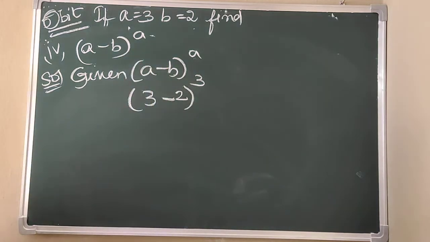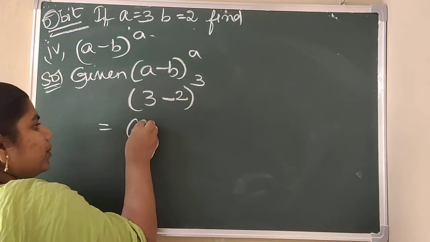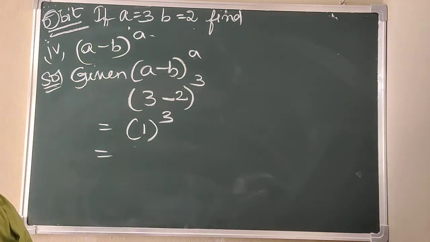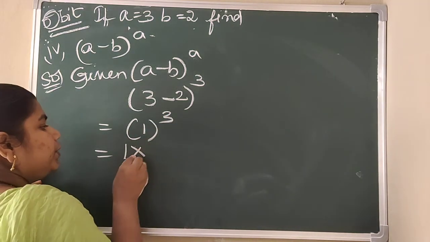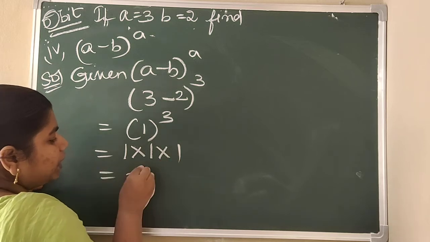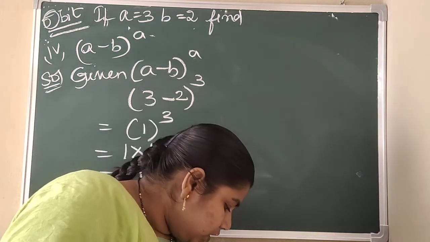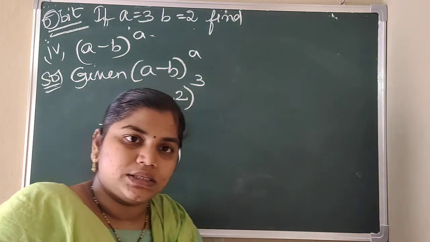So power will be 3. So 3 minus 2 is how much? 1 cube. So 1 cube means 1 we have to multiply 3 times. 1 into 1 into 1 will be equal to 1. So what is the result here? 1 is our result. So with this our exercise 1 is completed.